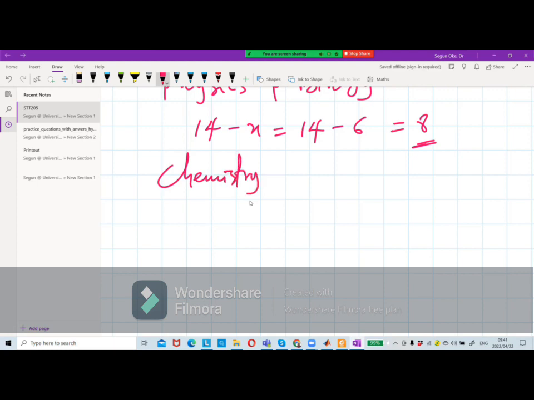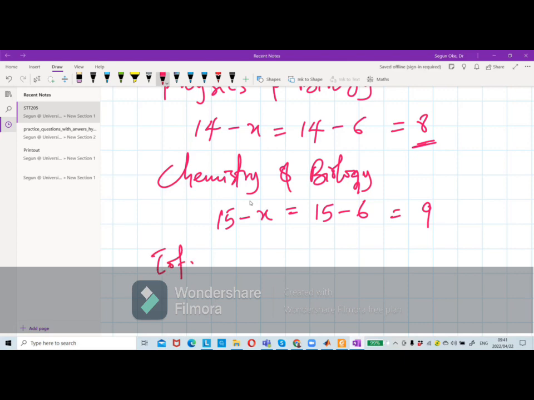Chemistry and biology is 15 minus x, equal to 15 minus 6, which is equal to 9. So when you add the total, it will be 24.